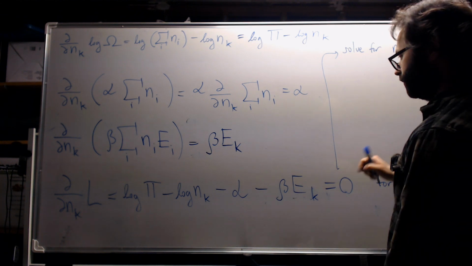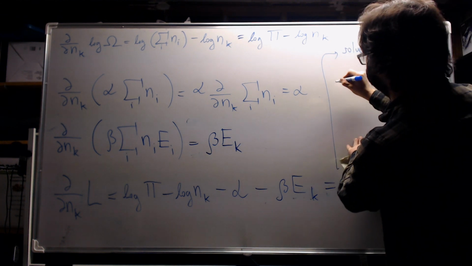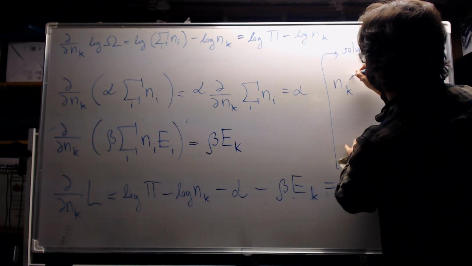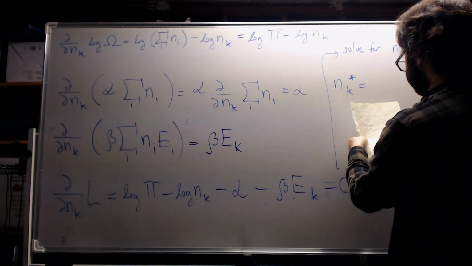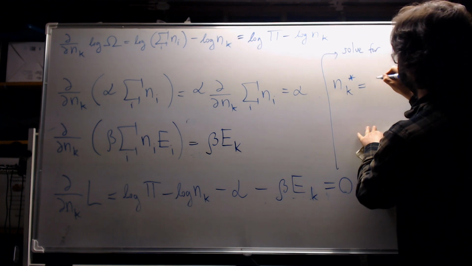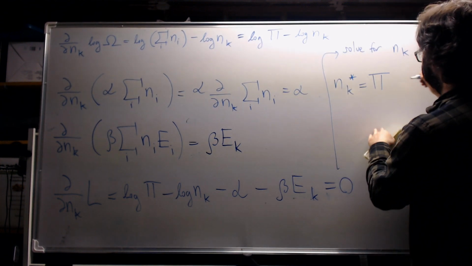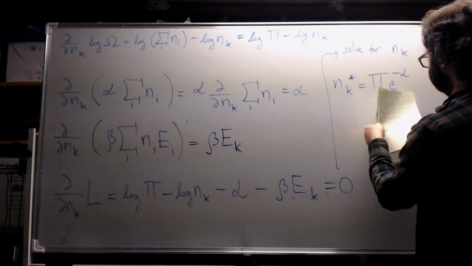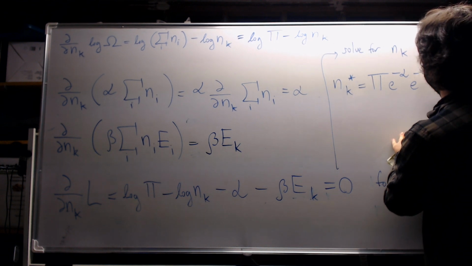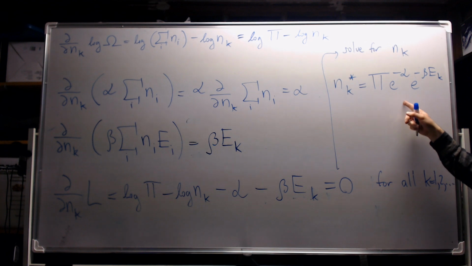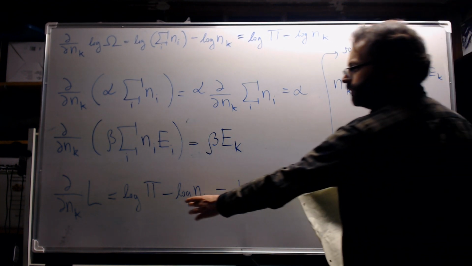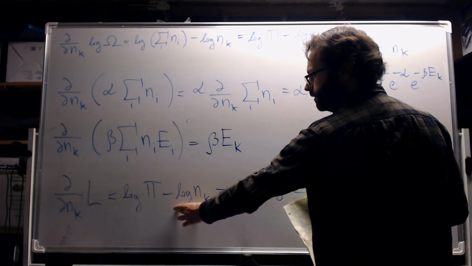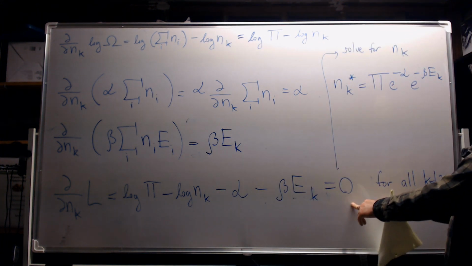And so we have found that if we solve for n_k star, what it equals is pi e to the minus alpha e to the minus beta e_k. Where did this come from? I solve for log of n_k. Let's say I put it on the right.